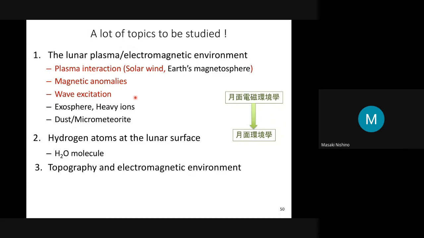There are a lot of interesting topics, including H2O molecule generation on the lunar surface by solar wind hydrogen implantation. And we are going to study the relation between lunar topography and electromagnetic environment. This is our next plan.